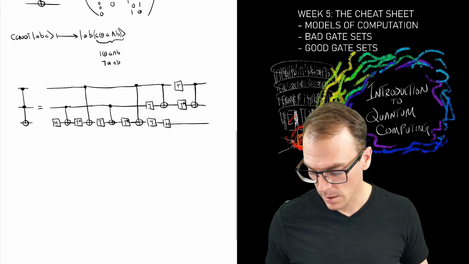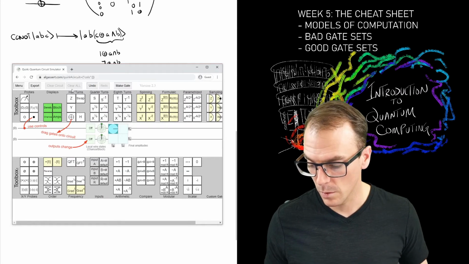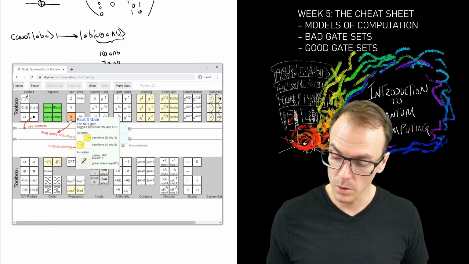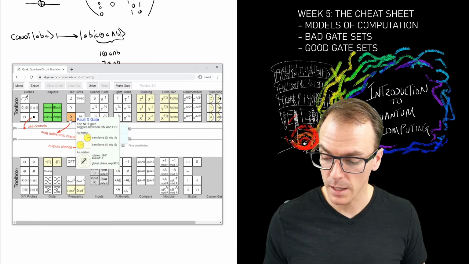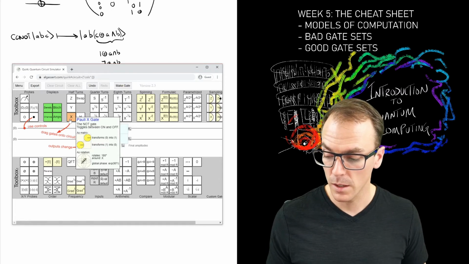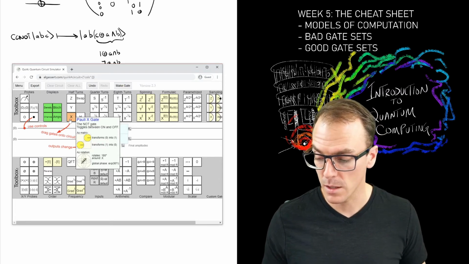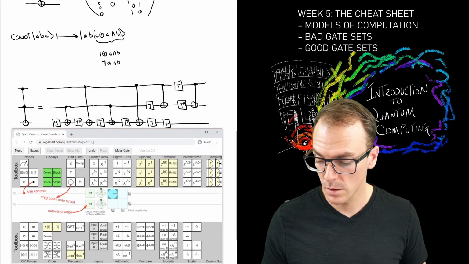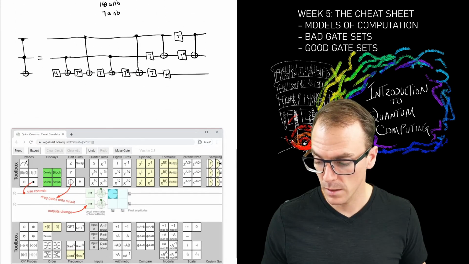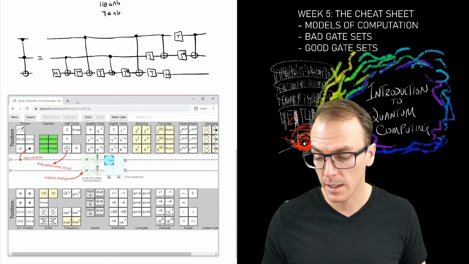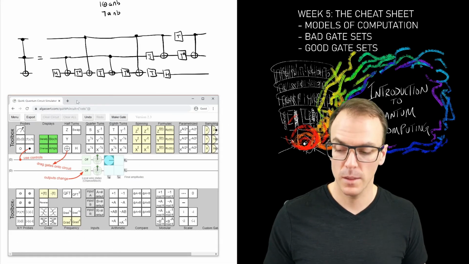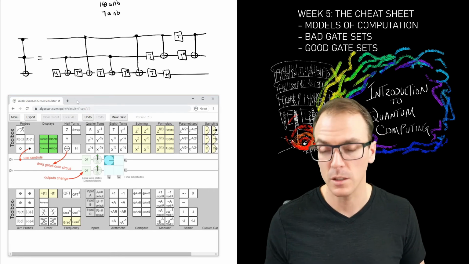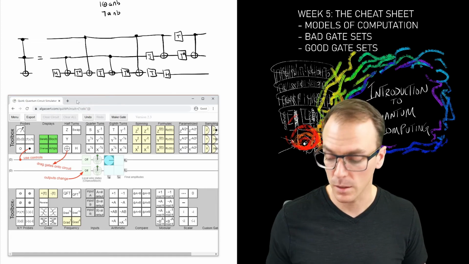We can look at this with our simulator. So here I have again the Quirk simulator. You can see the web address there, and we can try to implement and double check whether or not this decomposition, this quantum circuit, is actually implementing the gate promised above.